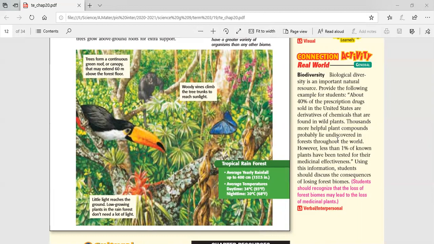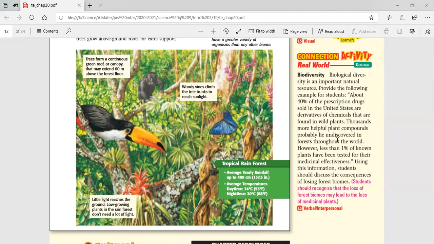Sometimes they say that most of the oxygen provided to the earth's atmosphere is produced from the photosynthesis of plants in the tropical rainforest. They also provide most of the food resources for animals all over the world. So that means the tropical rainforest represents a rich biome.